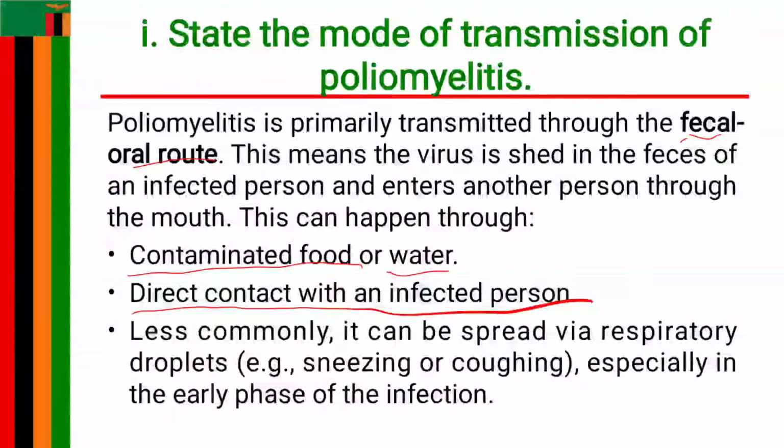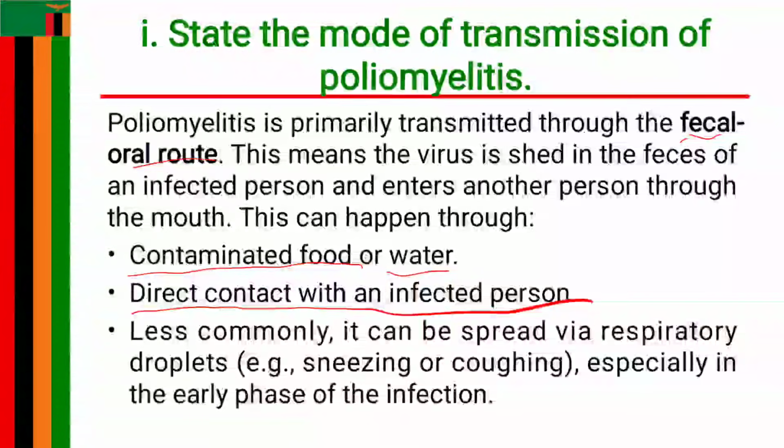Apart from that, of course, we can still get poliovirus through flies. For example, flies may sit on infected feces, then sit on food that the child is eating, and that becomes the mode of transmission. When we talk about fomites, sometimes someone may touch infected nappies or feces, and they touch other surfaces.